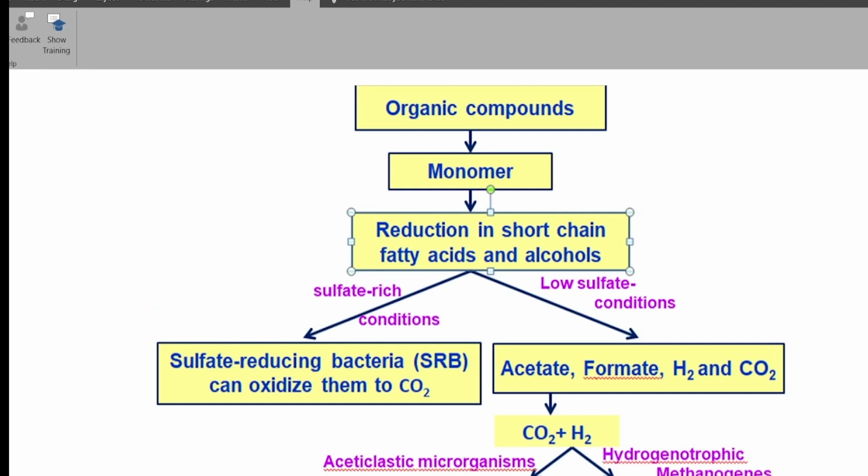If there is a low sulfate concentration, then the methanogens will dominate, and acetate, formate, or hydrogen and carbon dioxide will be produced, and subsequently there will be utilization of the CO2 and hydrogen. In this way, two paths may be there.